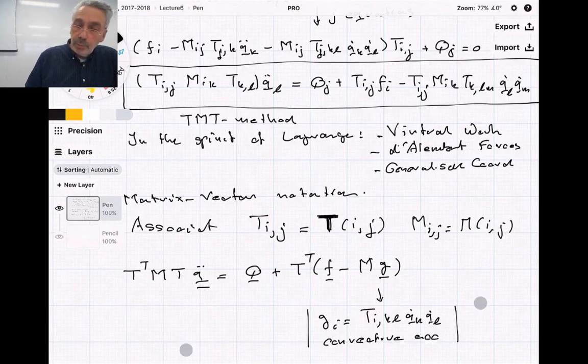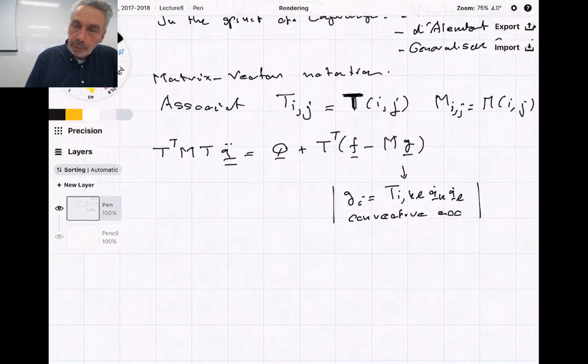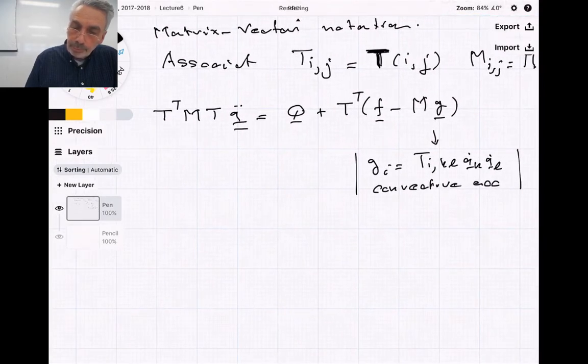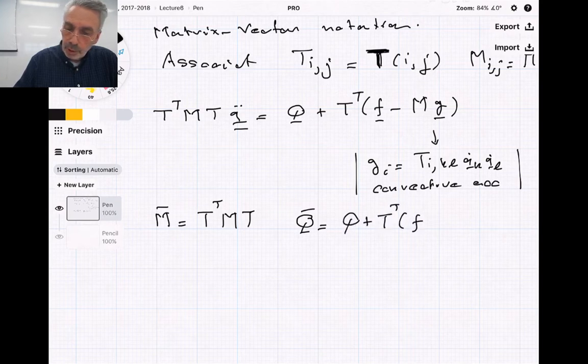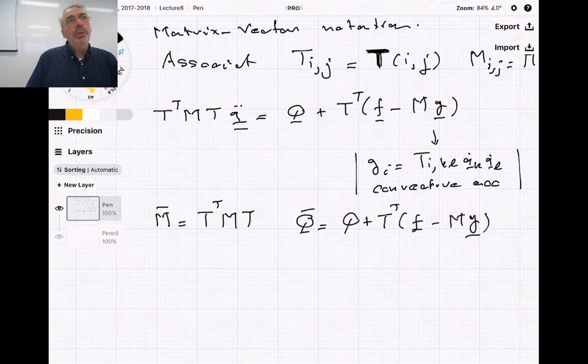But you can move on by compacting even more, by saying, well, let's define a matrix M bar, and that is T transpose MT, right? And let's define generalized forces Q bar, and they are Q plus T transpose F minus mg. Or in words, what does it mean?